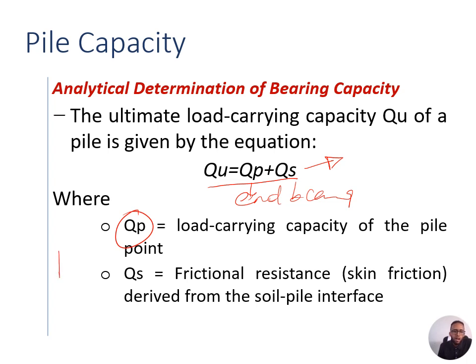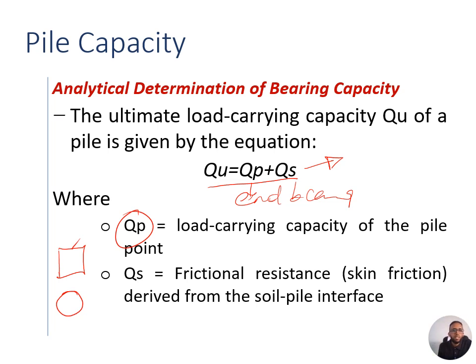For example, we can have a square pile or a circular pile. It can be steel, concrete, or timber, whatever the case, but the cross-sectional area of the pile is important for determination of the tip resistance, including the soil property.